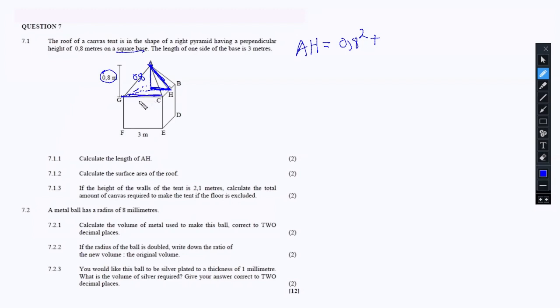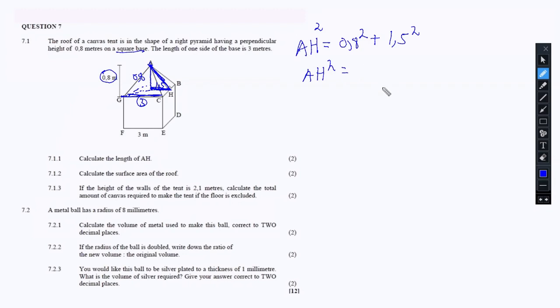So the length of the base here is 3, and then this one is always half the length of the base, which means it has to be 1.5. So it's 0.8 squared plus 1.5 squared, and then that's AH squared. And then now if you say AH squared and then you add those ones, then they're supposed to give you what? So punch it in your calculator.